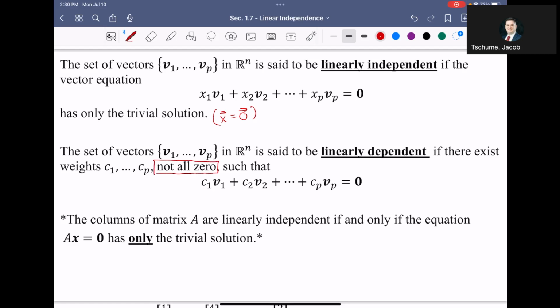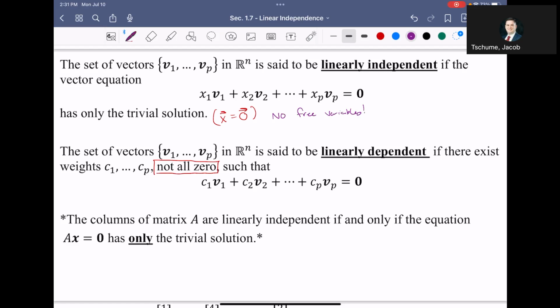All right. So putting all this formal jargon into a definition, I have by the asterisk down here: the columns of matrix A are linearly independent if and only if the equation Ax equals 0 has only the trivial solution. What you might recall from the previous video in section 1.5 is the only way that you will have the trivial solution only is if when you set up your augmented matrix and you row reduce it, there will be no free variables.